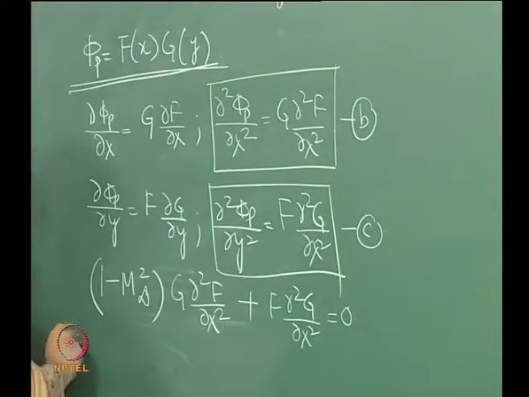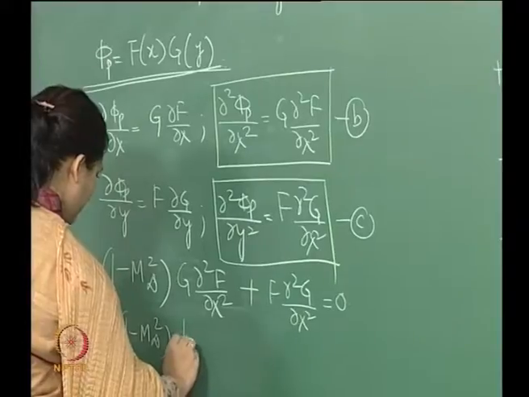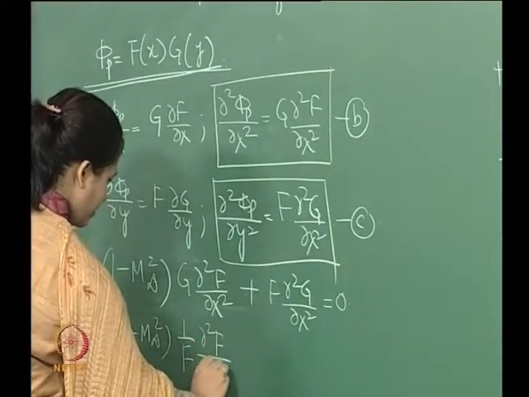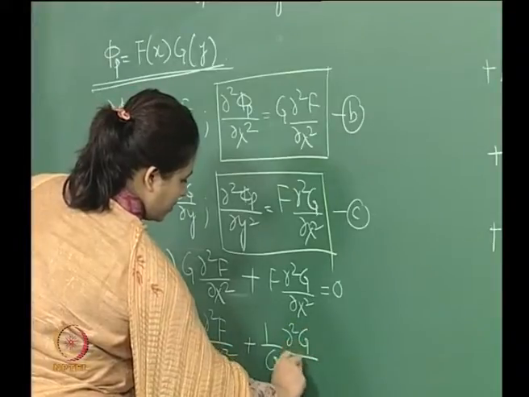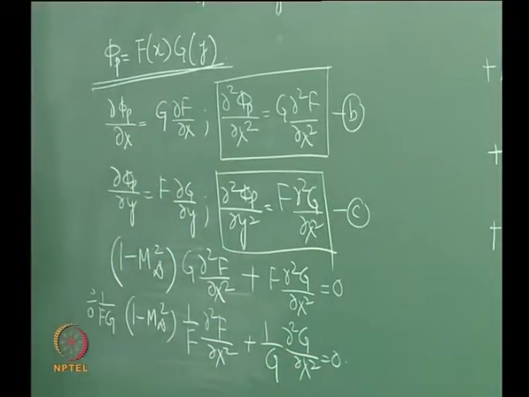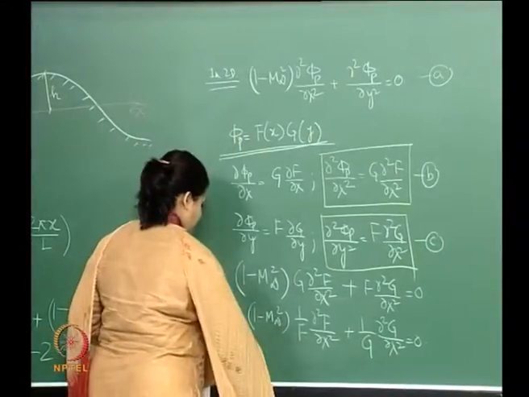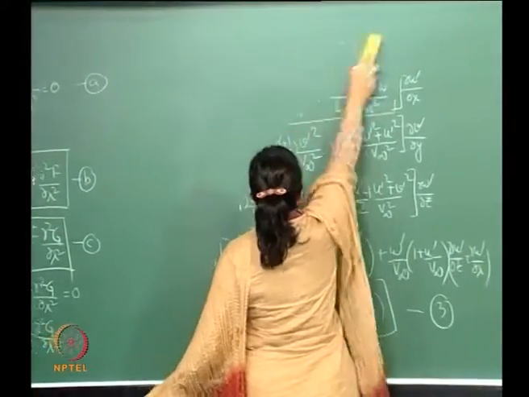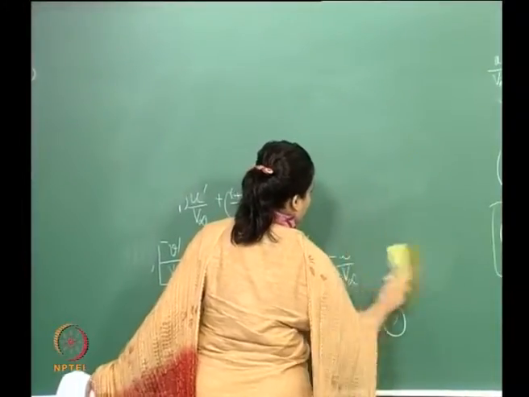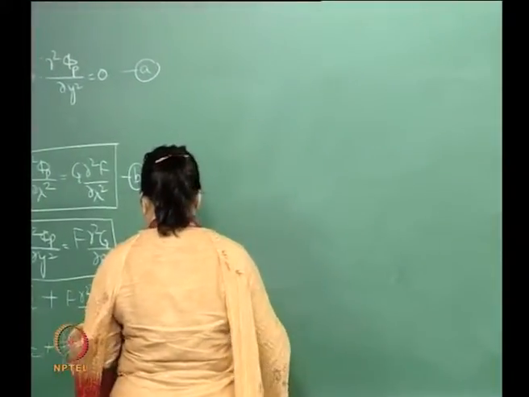So again now what we can do is divide this whole thing by f g. If I divide this whole thing by f g, okay. So this is the relationship that we get, and finally, what we will do is we will divide this whole thing. Again, we will take, okay.